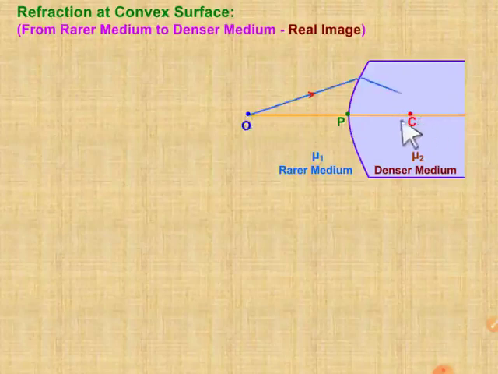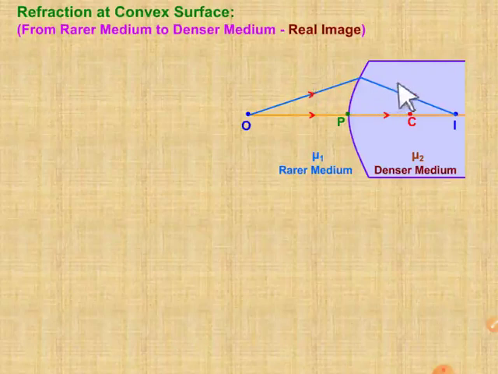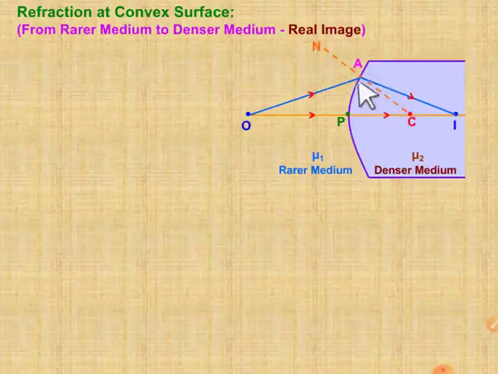So let's take it that this is the first light ray, and this is the second light ray. When light travels from rarer to denser, it will bend toward the normal. Now let's take this line as the normal, AC as a normal at any point. Let's take it that A is the point of incidence.